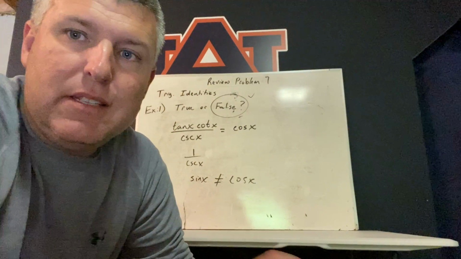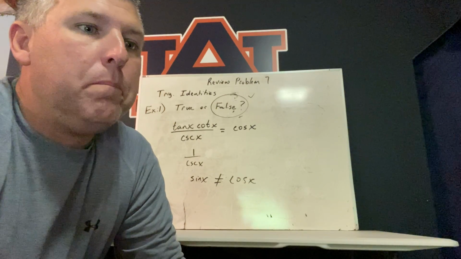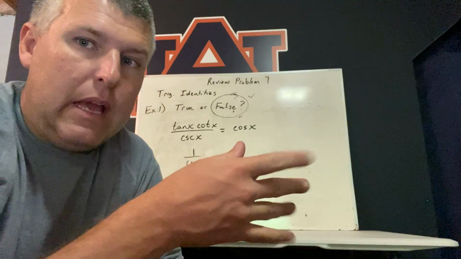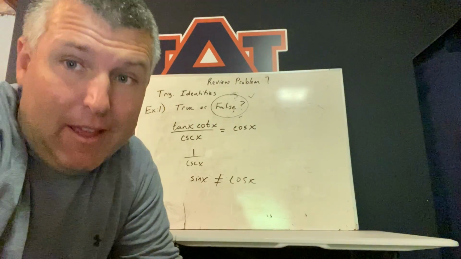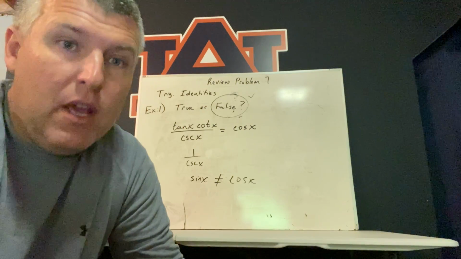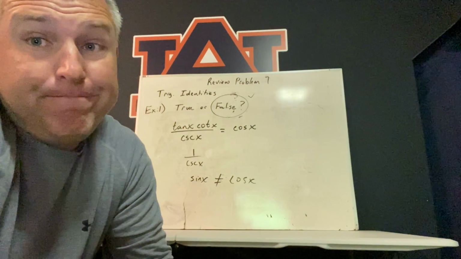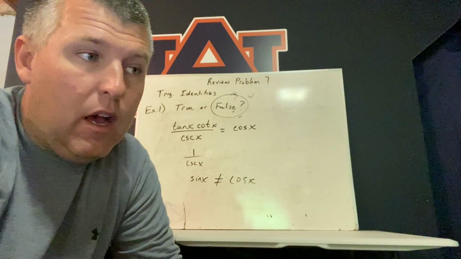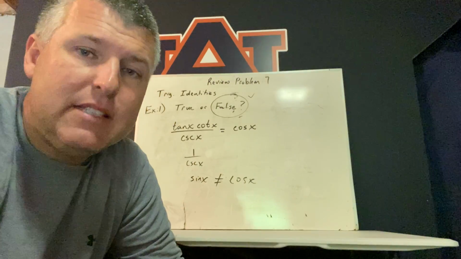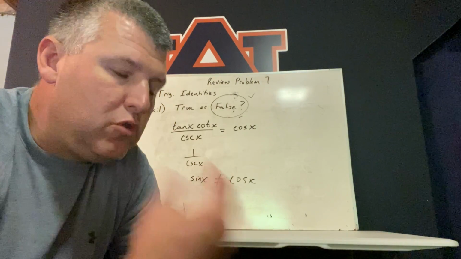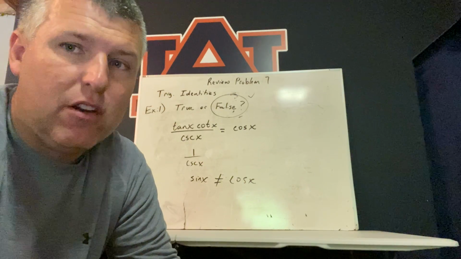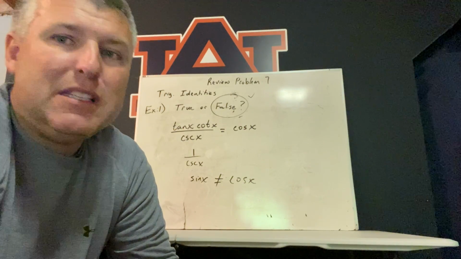Again, not a very simple lesson. Looking at the test, it's true, false. Okay? So it's going to be one where they're going to say, hey, number 7 on this test, review problem 7. We've gone over this. You're going to get to it, and it's going to say true, false. And you got to be able to work through that. You got to be able to look at the identities and try to make sense, see which ones you can use, whether it's changing it to sine or cosine, whatever the case may be.